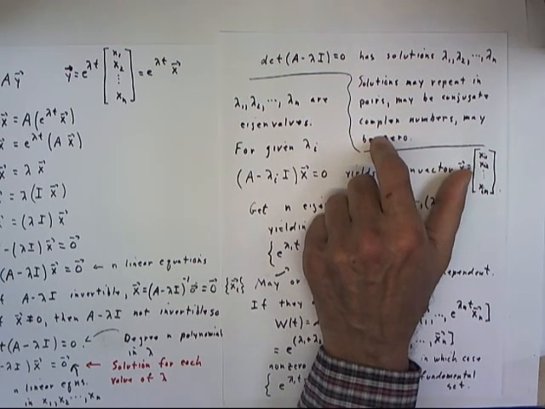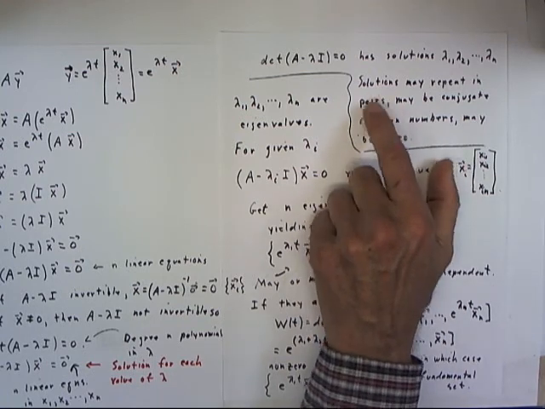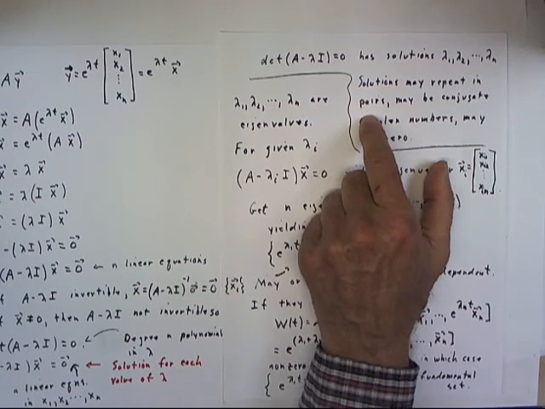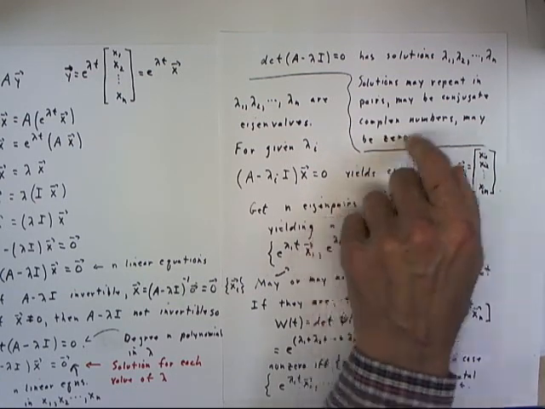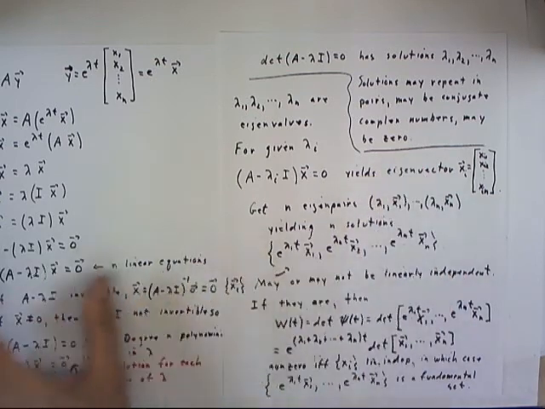They may be conjugate complex numbers. They may be zero. And I haven't written it here, but they can repeat in threes or fours or any number of repetitions up to n, depending on the original equation.